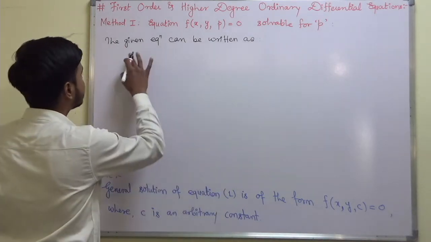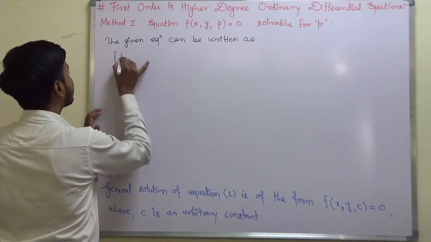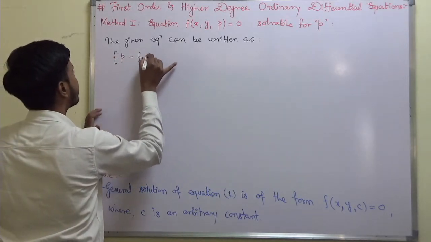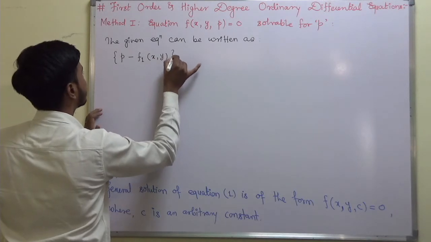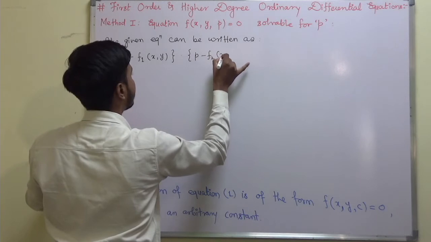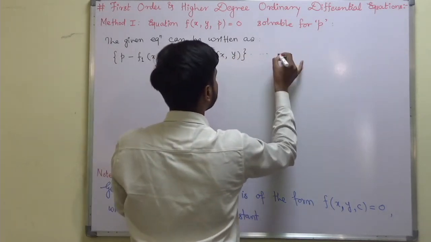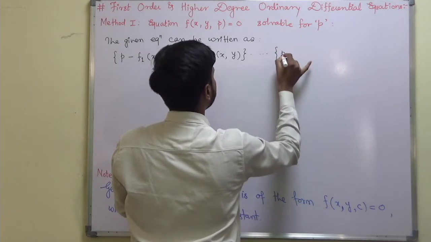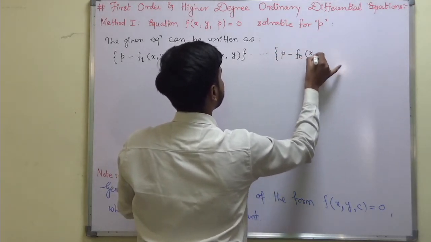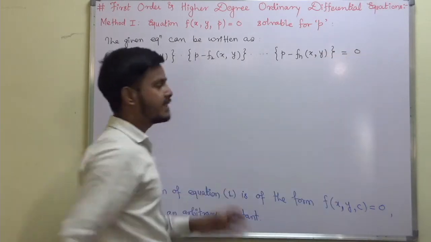So the given equation can be written as factors: p minus f1 of xy, into p minus f2 of xy, and so on, p minus fn of xy is equal to 0.